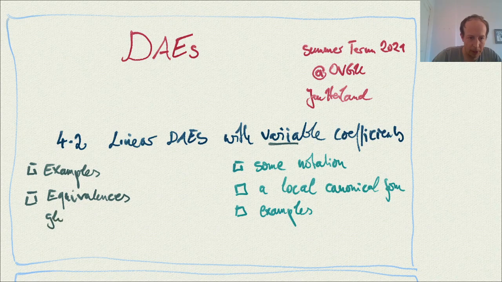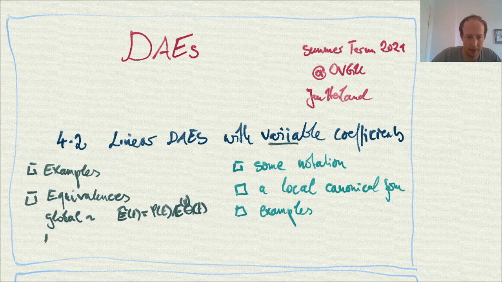There was this global equivalence, and there we had, for example, E tilde of t is P of t, E of t, Q of t, also of t.